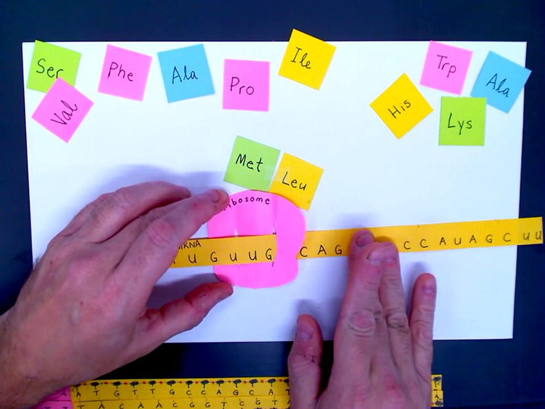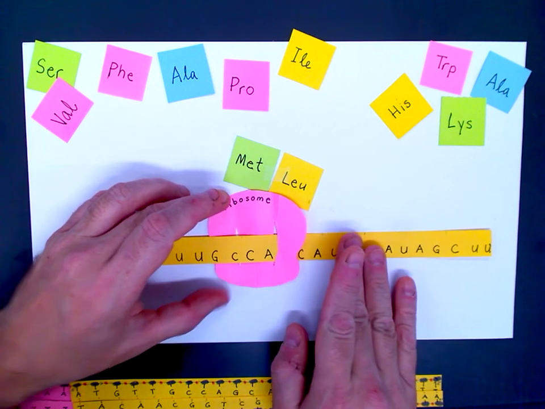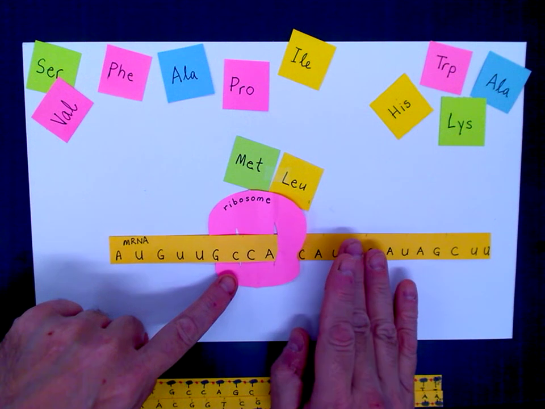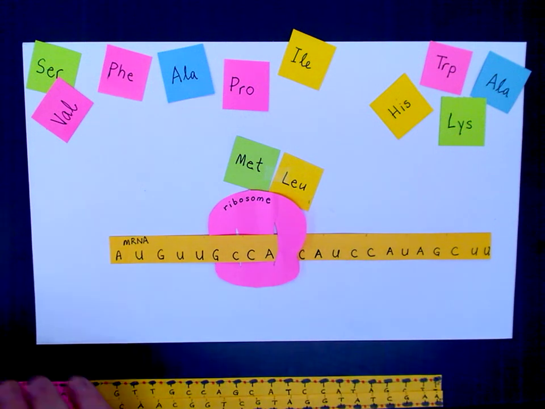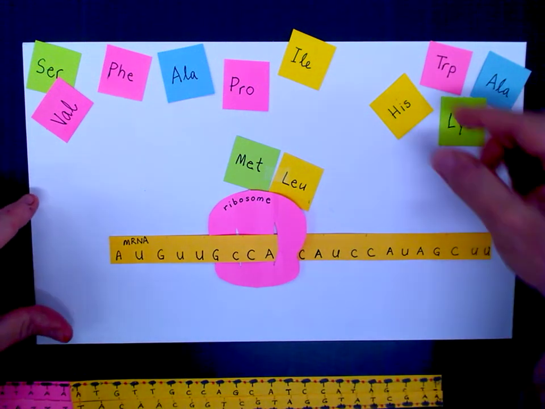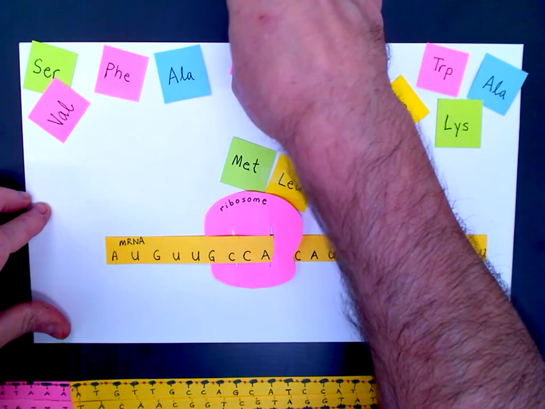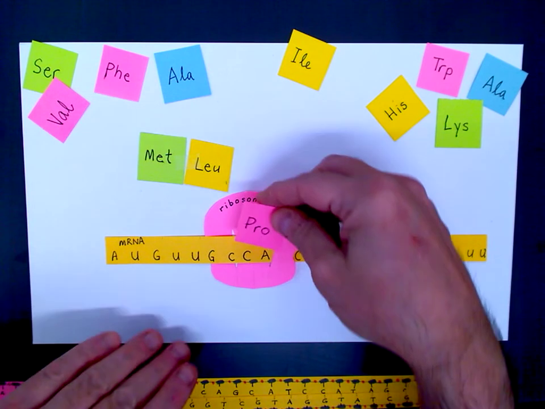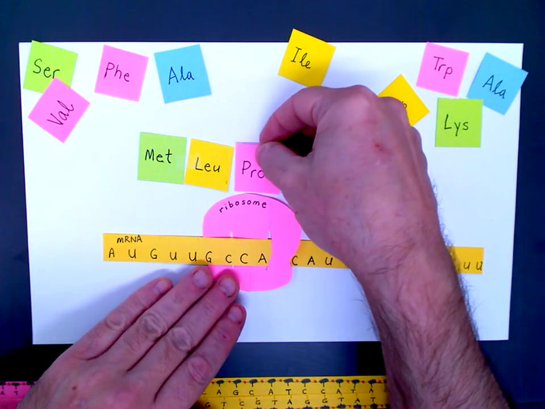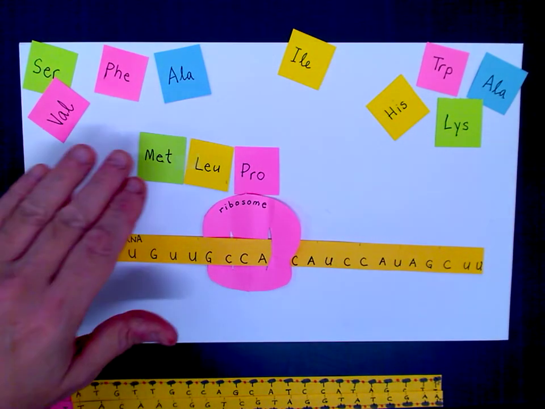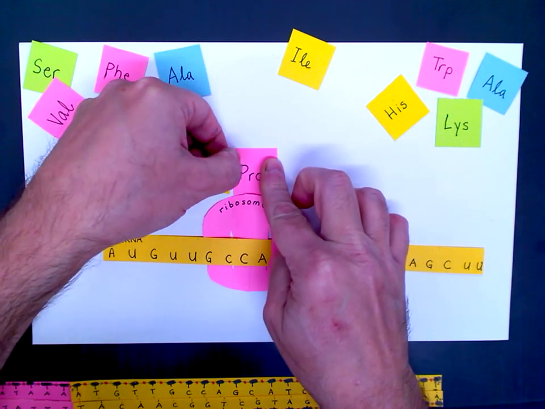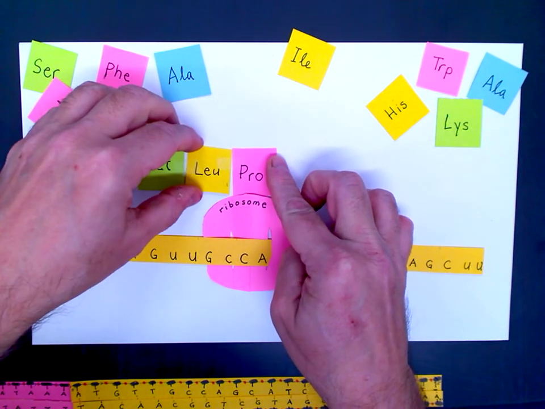And then this shifts by 1 codon. There you go. So AUG, UUG, now we've got CCA. That's going to be proline, the amino acid proline. So these will have shifted as well. So here is the amino acid that corresponds to proline. And we link these.